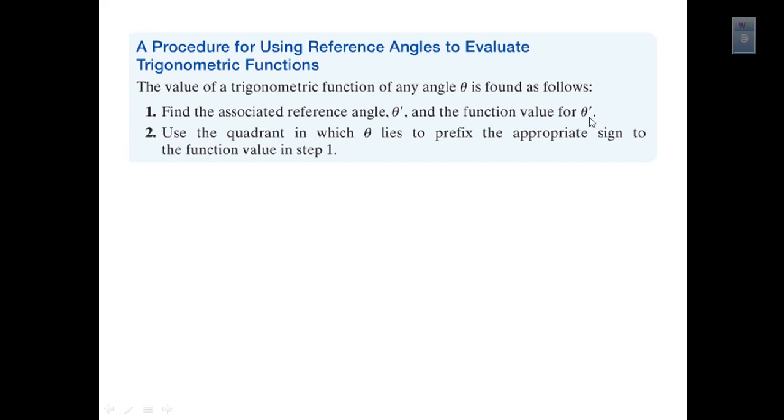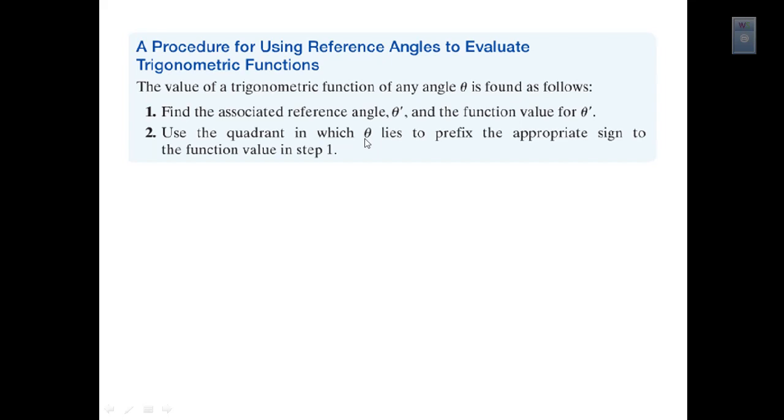Once you know the function value for theta prime, it's going to be the same numerical value. The only difference is it's going to be a possible sign change. It may be negative, but the one you found would be positive. So you have to use the quadrant in which theta, notice here it's theta, not theta prime, lies to prefix the appropriate sign to the function value of step 1.